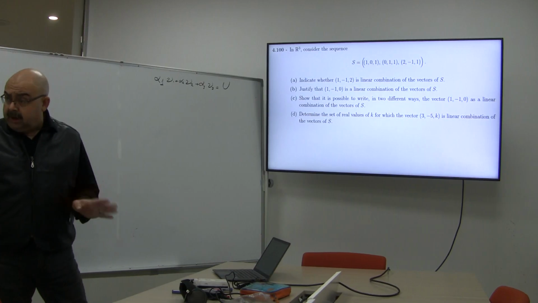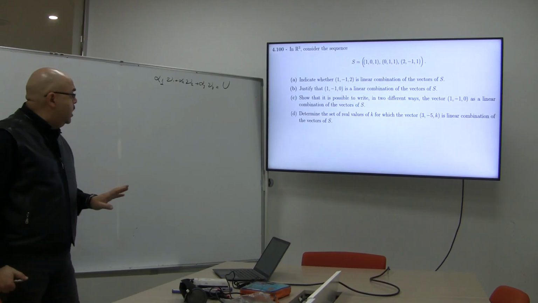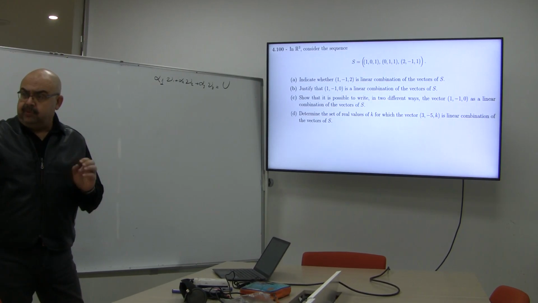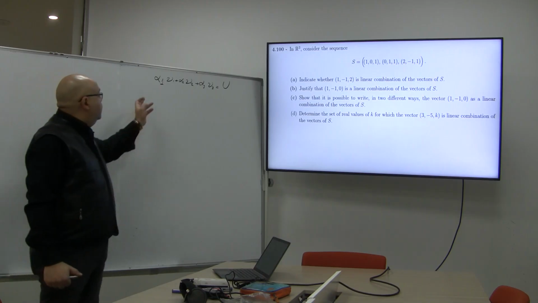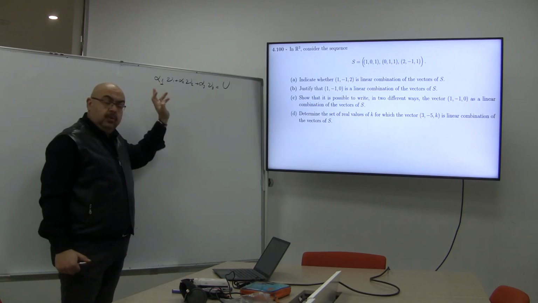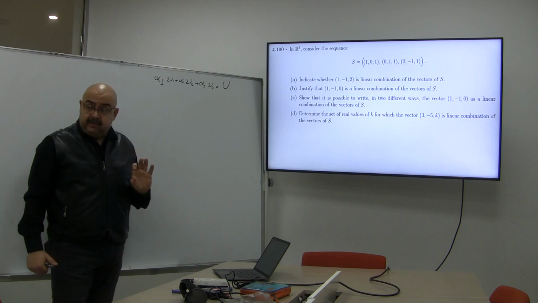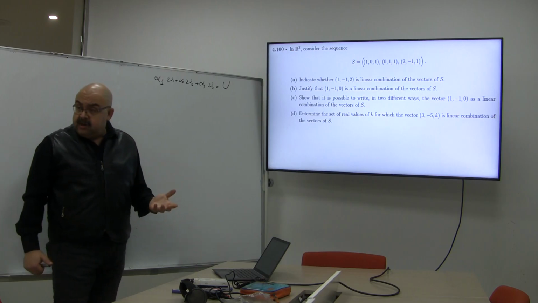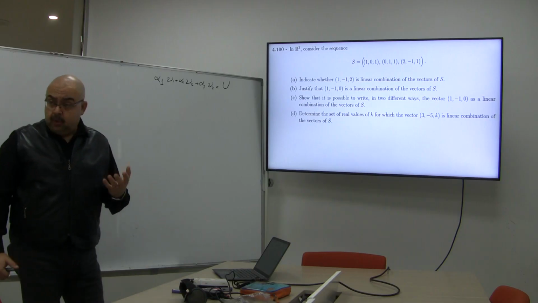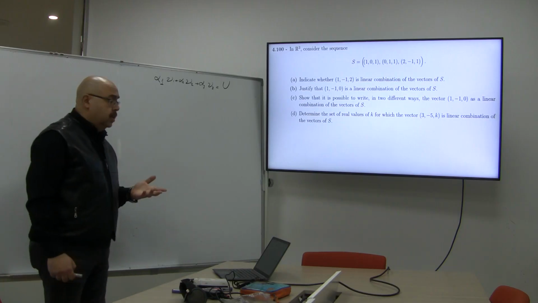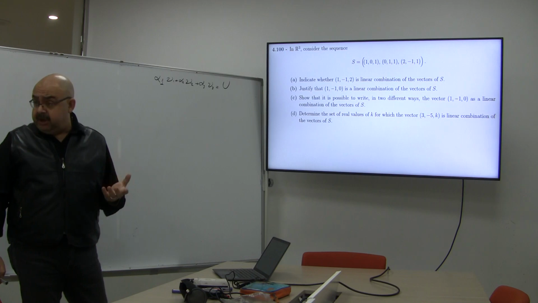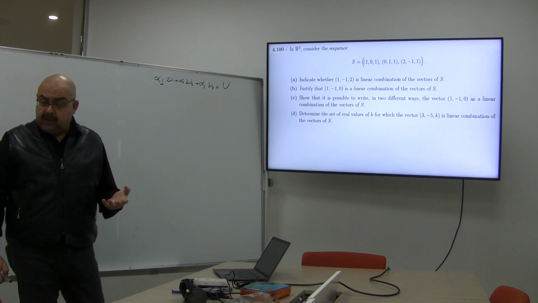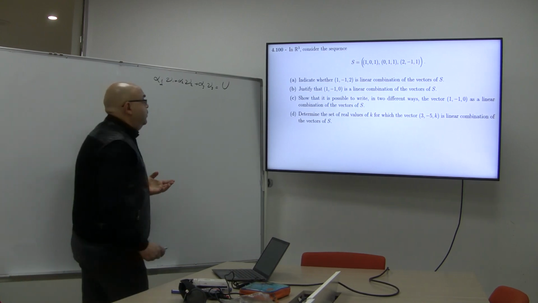After that, I try to solve a system of equations for the values of alpha 1, alpha 2, alpha 3. Depending on these values, you can decide if u is a linear combination of these vectors or not, and if so, which combination of alpha 1, alpha 2, alpha 3 will produce this vector.